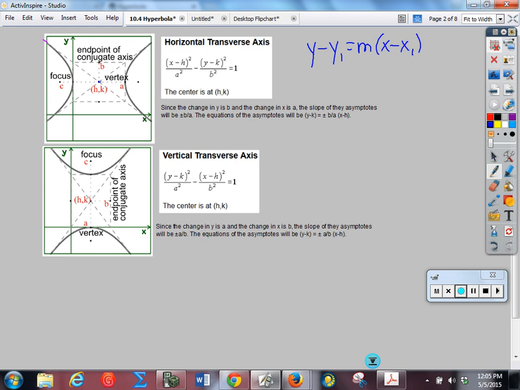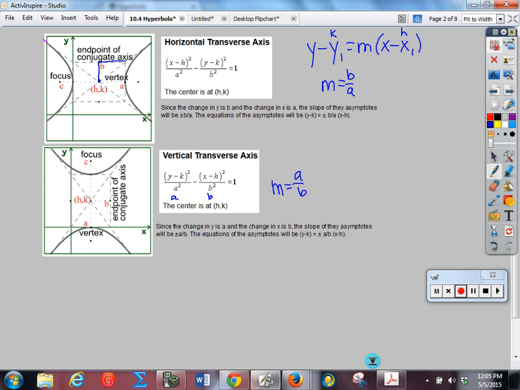So this is going to be your h, and that's going to be your k. And then your slope is always going to be rise over run. The slope is always going to be the one underneath the y, which is b in this case, over the one underneath the x. But on this one, just the way they've labeled it, a is the rise, b is the run. So this one would be opposite. But just look under the y for the rise, look under the x for the run.